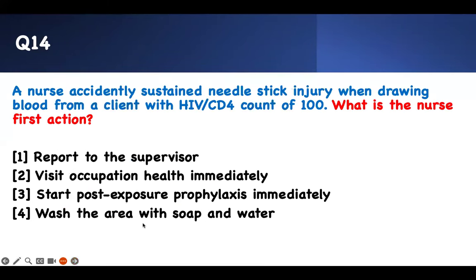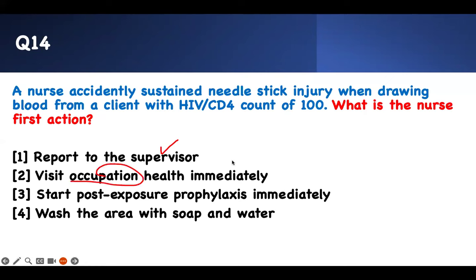A nurse accidentally sustains a needle stick injury when drawing blood from a client with HIV and a CD4 count of 100. What is the first action? Think about it. The patient has HIV, CD4 count is 100. You stick yourself. What do you want to do first? Do you call your supervisor? He or she will say, get out of my face right now.